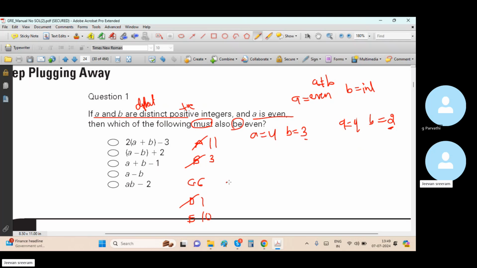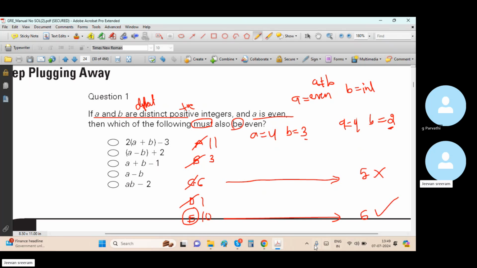Now, the second plugin must be applied only for the options you are left with. A is equal to 4. Option C: 4 plus 2 minus 1, 5. It's an odd. Eliminate. E is the answer.